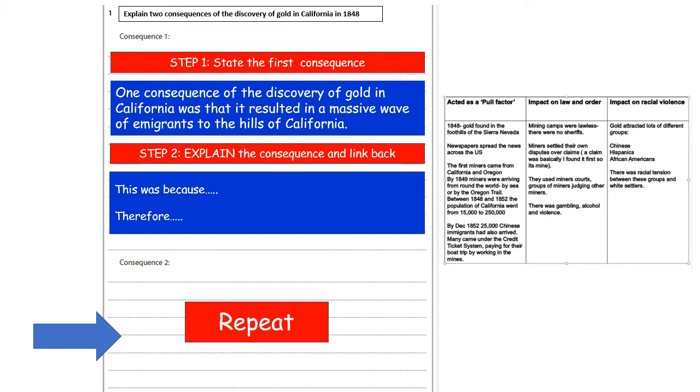And obviously the other 2 consequences you can look at are the impact of law and order that discovery of gold had in California, or the development of racial violence. And that would then be the second consequence, and done well, that would be 8 out of 8. So that's your task now, just to get that question practice on this consequences question. Once you've done that, just on to the final slide.